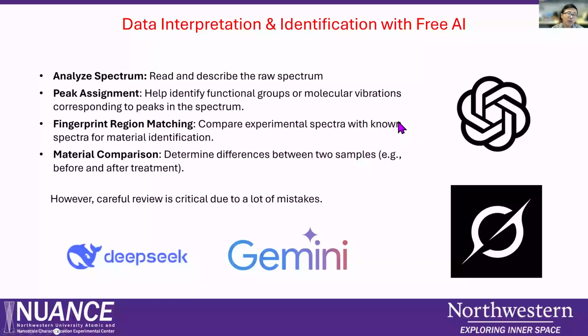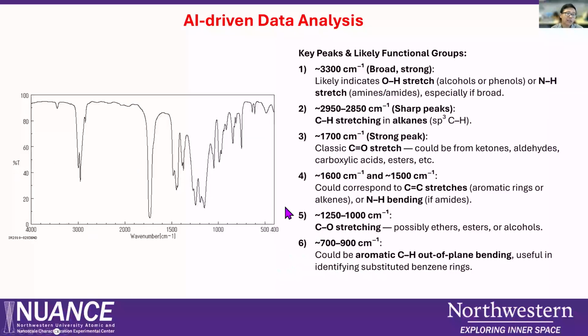But now we have AI. It seems the free AI can also help analyze spectra and identify the peaks. That is quite helpful. I copied this spectrum into OpenAI and let it analyze this FTIR spectrum. It gave me a list: this broadband is OH, this sharp one is carbon-hydrogen, and this peak here.